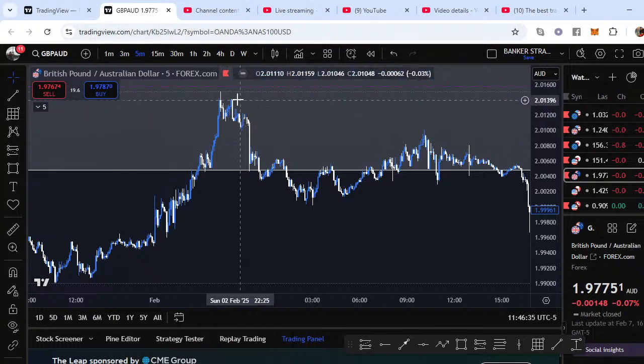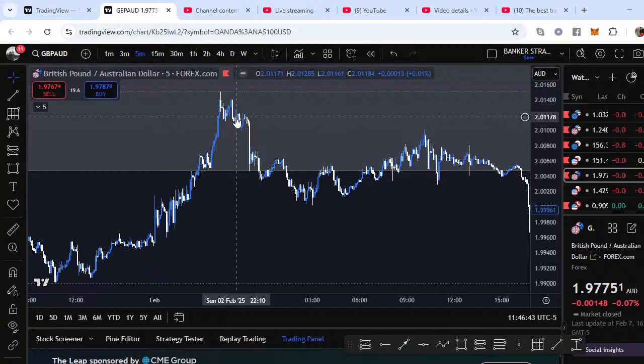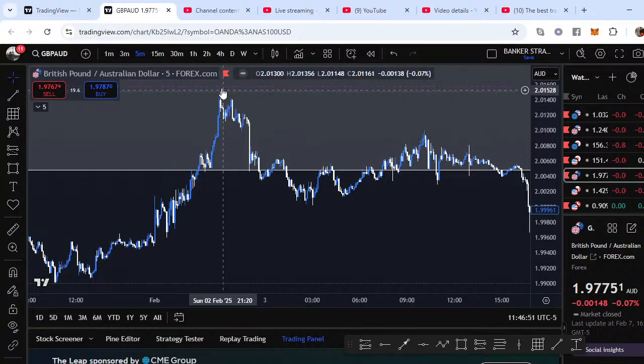We actually do, and it actually happened a little bit earlier. What time did it happen? 9:55. That is during the Asia session. It comes here, look, it just misses it by a little bit.